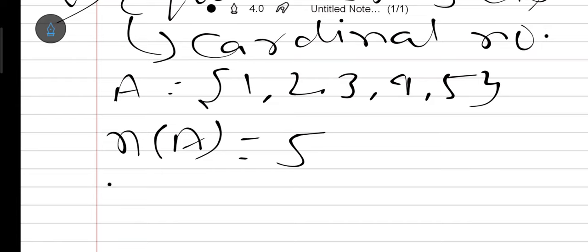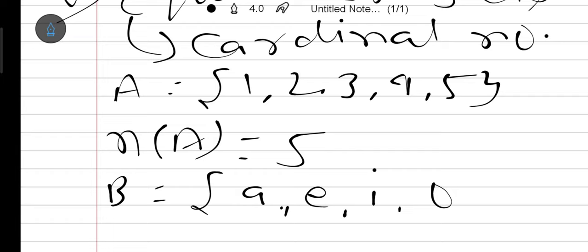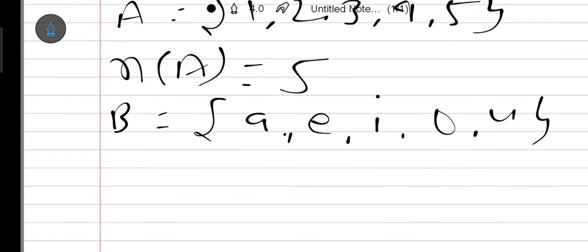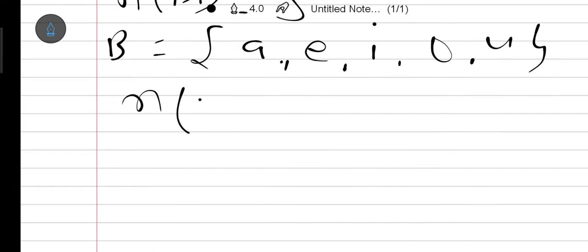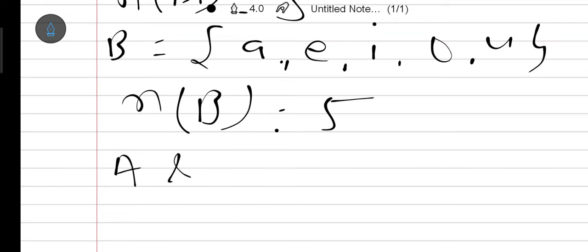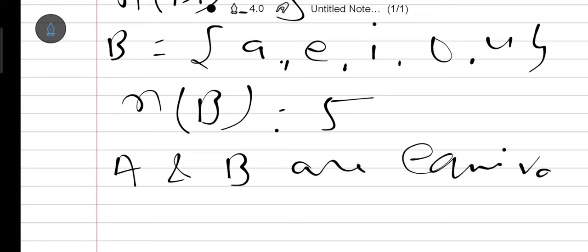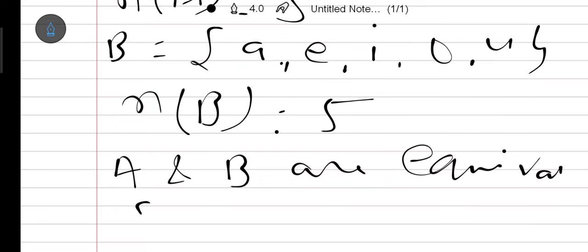If a set B also has 5 elements like a, e, i, o, u, then the cardinality of this set is also 5. So here A and B are equivalent sets. I think this is clear.